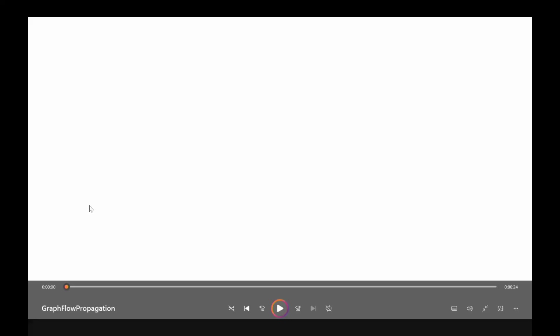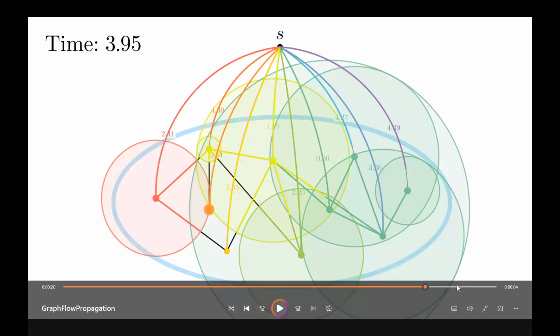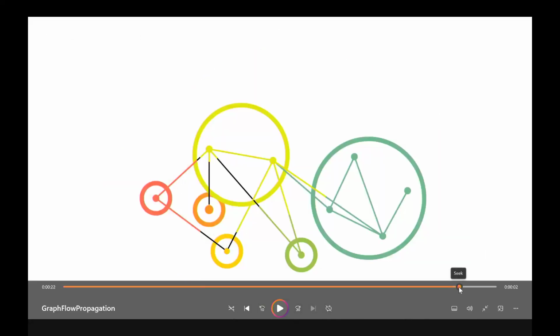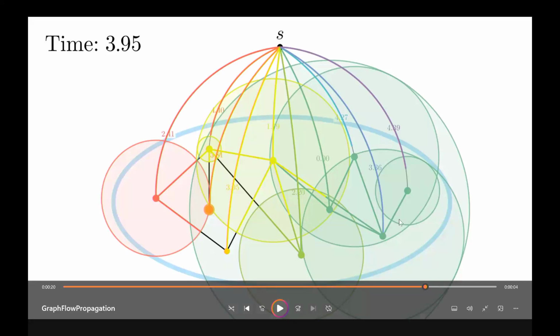Wait, so then when do you stop? You stop when everything is reached, and that's actually how long it takes, right? When the last one is reached, I believe this one. As soon as this one is reached, we can stop, right?